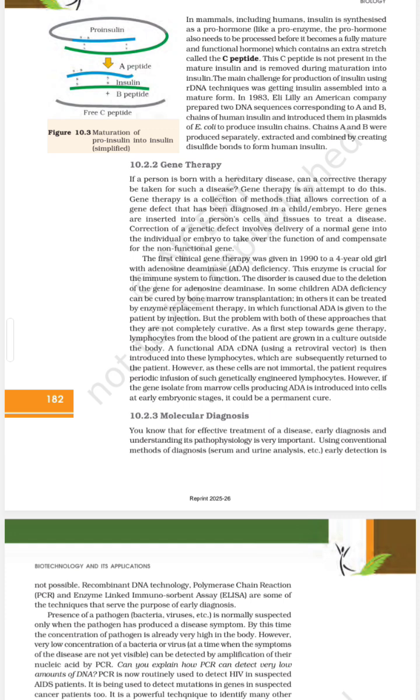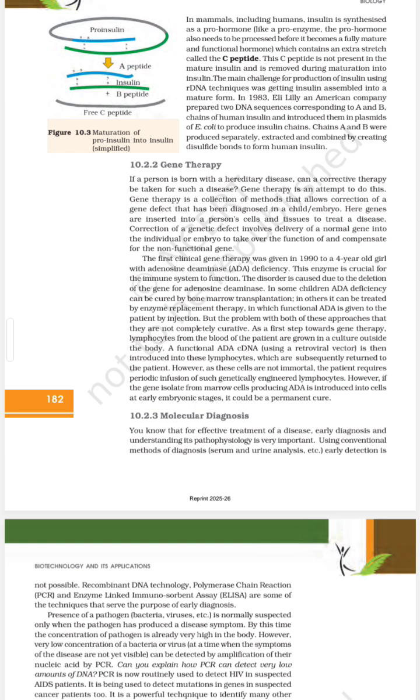Okay, so in 1990, a 4-year-old girl with adenosine deaminase deficiency was given the first gene therapy. This information is very much important. So this enzyme is actually crucial for the immune system to function, and this disease is caused due to the deletion of the gene for adenosine deaminase.